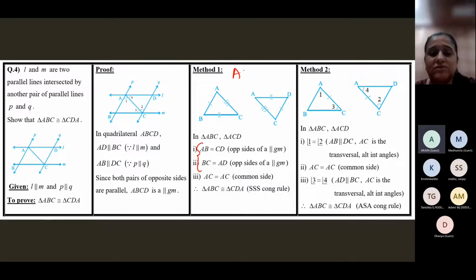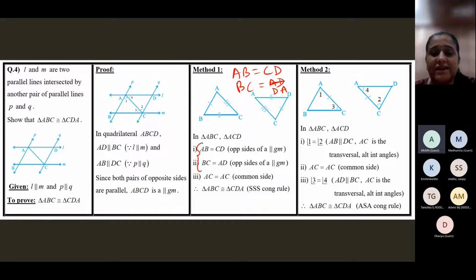Now, if you take AB is equal to CD and BC is equal to AD, the first two which we have written. What is common here? AB, BC. So ABC is a triangle. Here D is common. So let us write AD as DA, CD, DA.